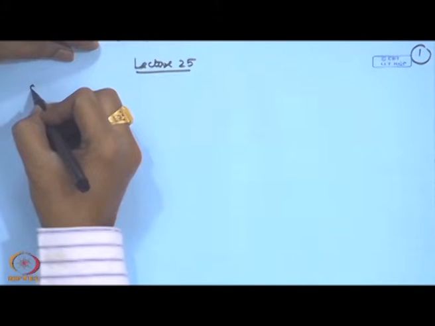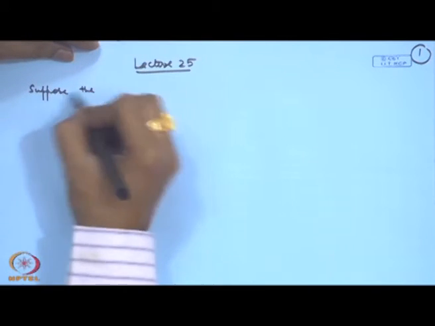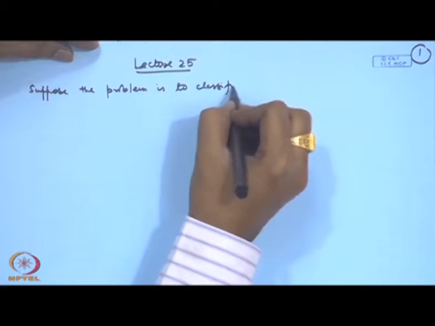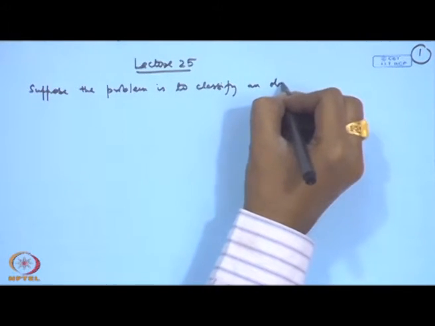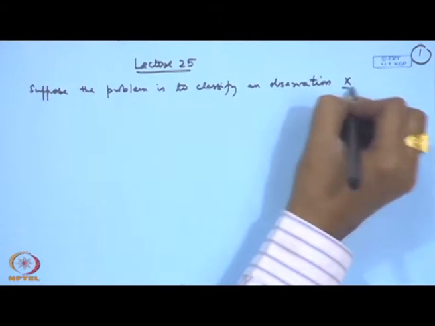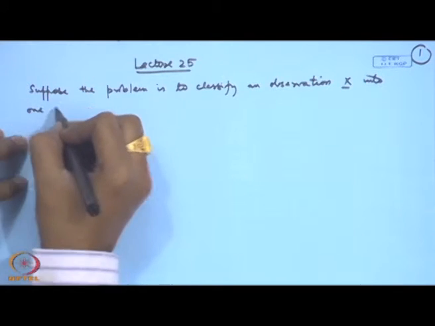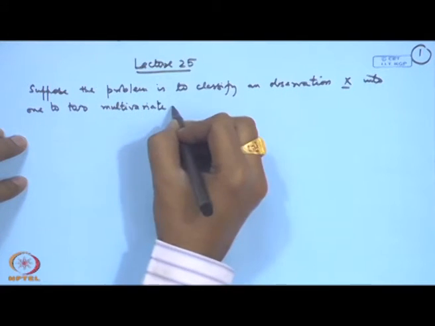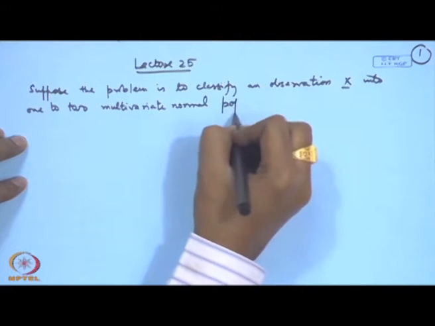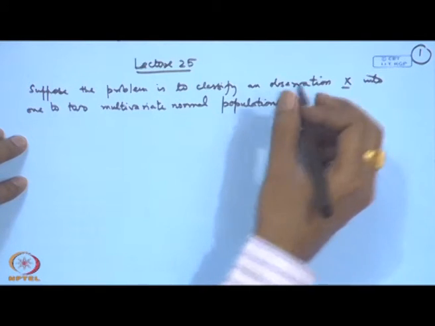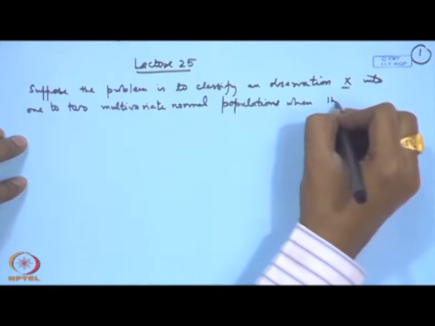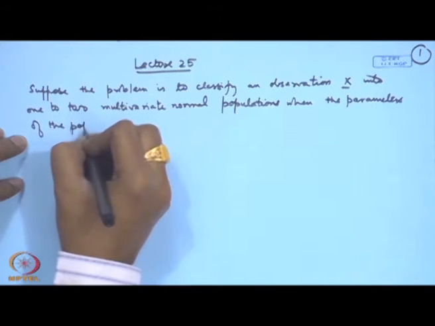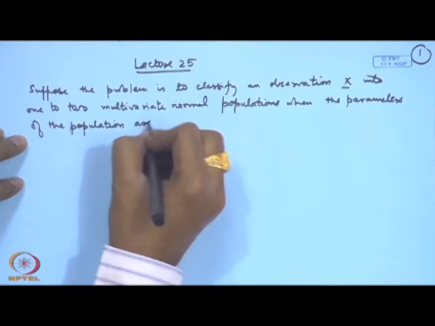Suppose the problem is to classify an observation x into one of two multivariate normal populations when the parameters of the populations are not known.